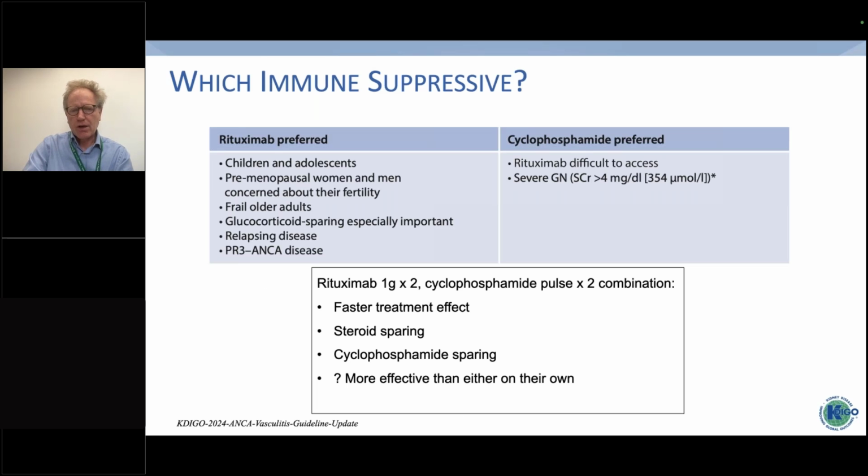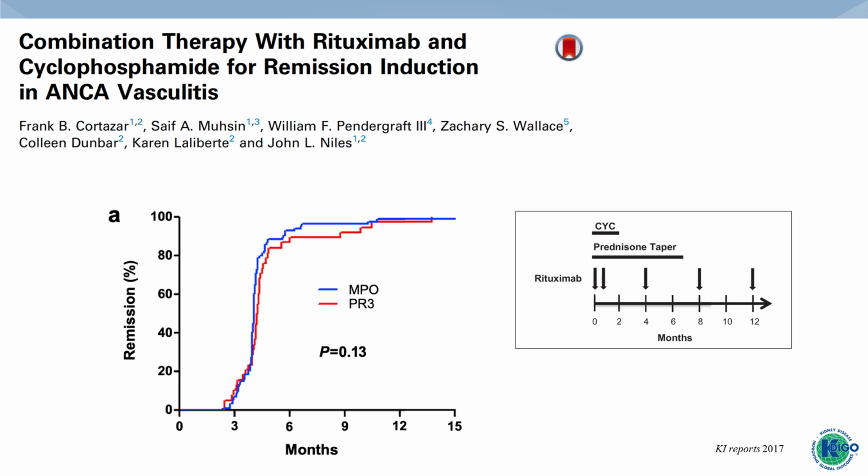The combination of rituximab and short course cyclophosphamide is promoted because some physicians feel there is a faster treatment effect. This permits steroid sparing. It is cyclophosphamide sparing because you only have to give 2 cyclophosphamide pulses, and it may be more effective than either rituximab or cyclophosphamide on their own.